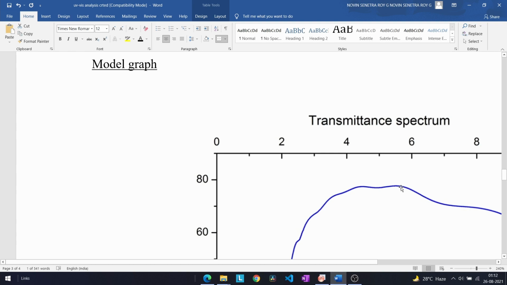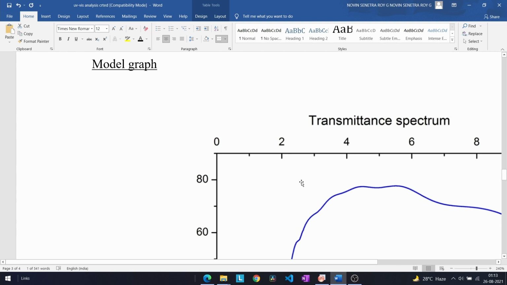I'm telling this on the x-axis, okay, but the value of the transmittance for lambda max, T max, is going to be something like 80, and the T minimum for lambda minimum is going to be somewhere below this value.